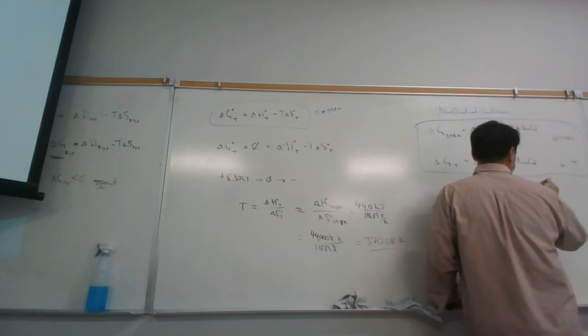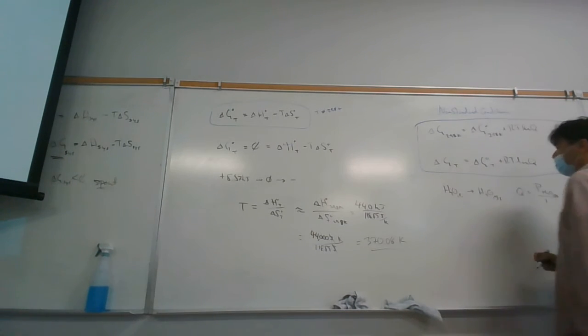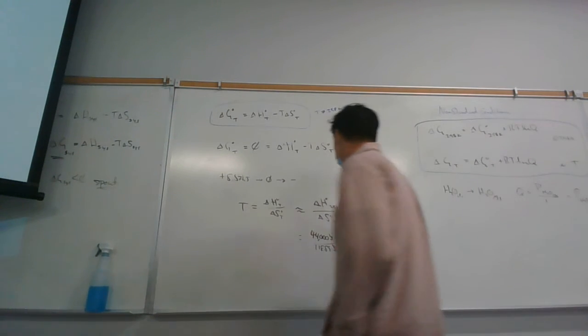Q is equal to the partial pressure of H2O gas divided by 1. Liquids have an activity of 1. And so this is just equal to the partial pressure of H2O gas. Boiling occurs when the partial pressure is equal to atmospheric pressure.